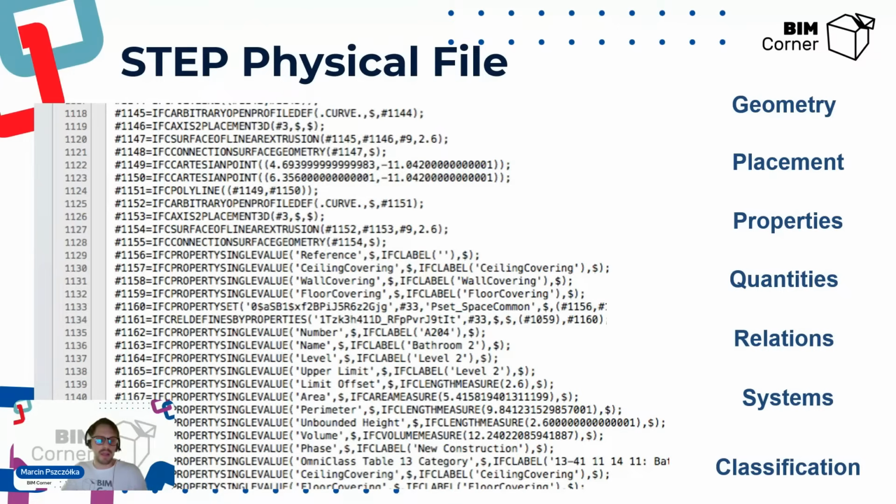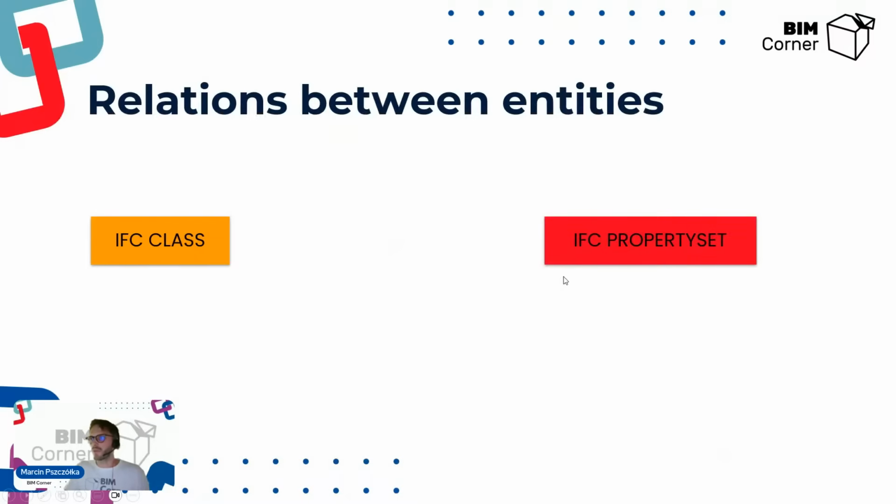I will take as an example what I already described: how to connect property sets to the objects. When we have two entities, the first one is an IFC class, it could be IFC wall, IFC column, IFC beam, IFC slab, and then we have a property set, so we need to connect them somehow. Then we use the relation, and I just put it as a general term, IFC rel, but in fact it is IfcRelDefinesByProperties.